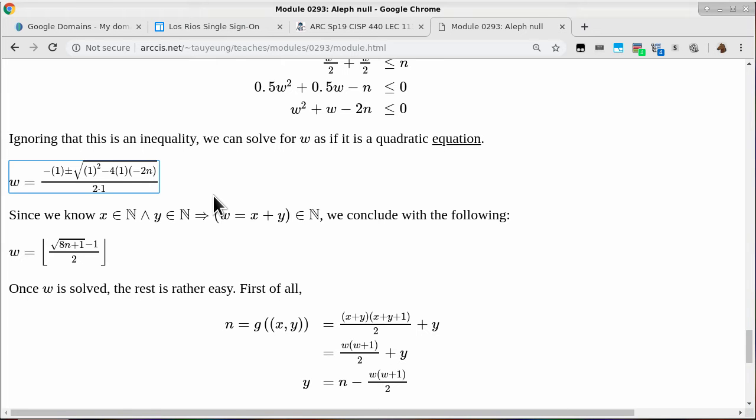So are we good with the G and the G inverse functions? Basically it has to do with collapsing a two-dimensional space into a one-dimensional space. And because you can nest G within G within G within G, now you can collapse any known finite dimension using natural numbers into a single dimension of natural numbers.